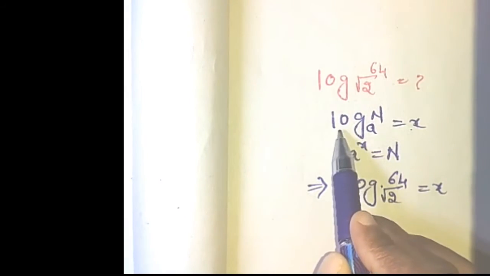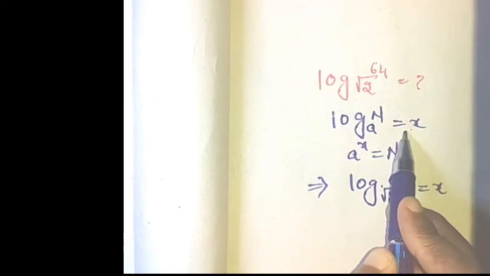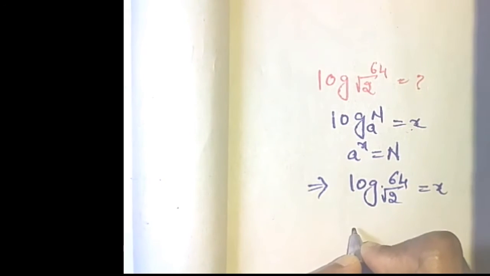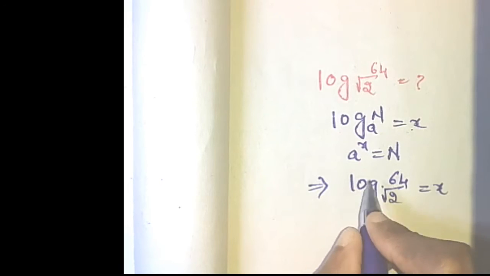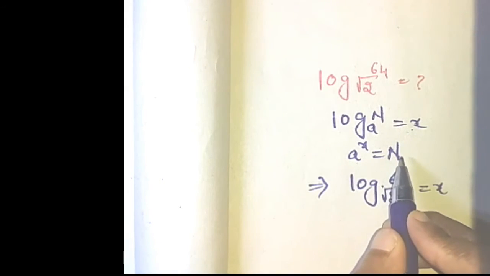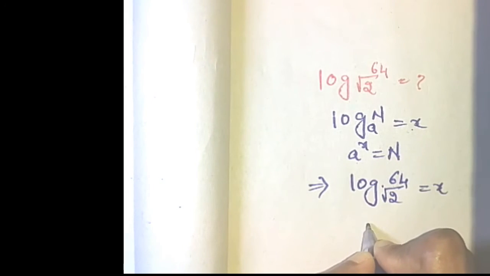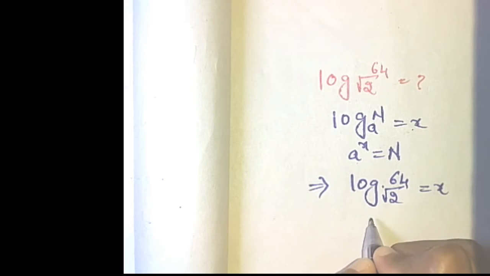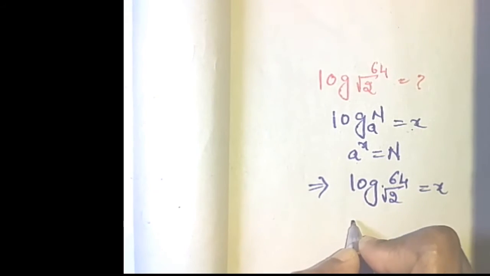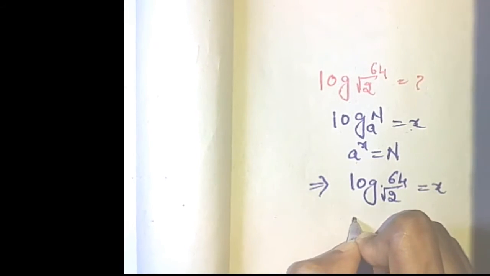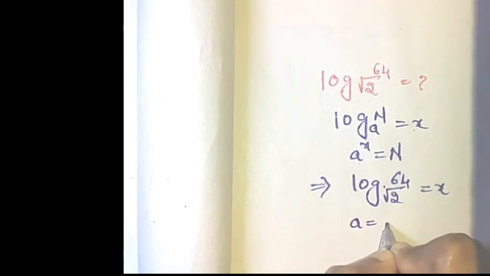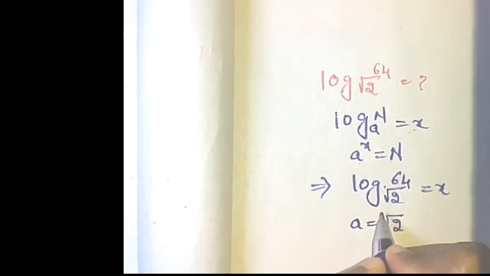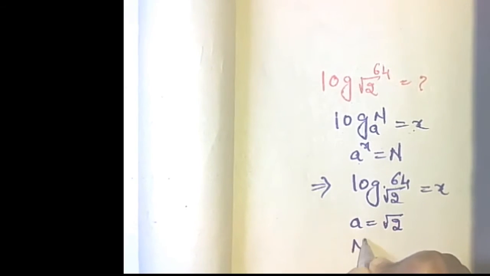This is in the form of log n base a is equal to x, right? So now we have to convert this into a power x is equal to n. Let's see in detail: a is equal to root 2 and n is equal to 64.